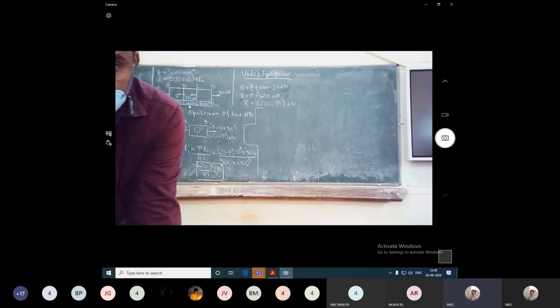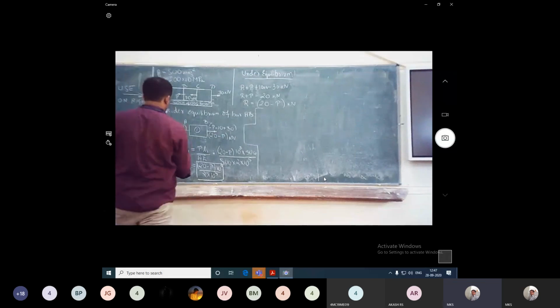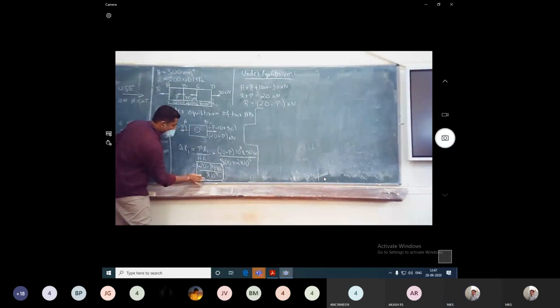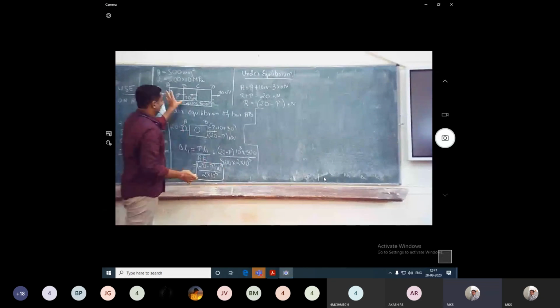Then find the change in length for BC. Here, 10 to the power of 3, because it is in kilonewtons. Fine. Now you continue with this. So this is the delta L1 for the first section.